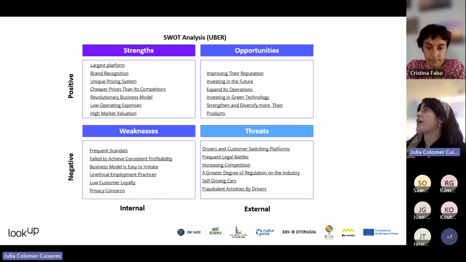So here for Uber, we have improving their reputation, which is obvious. Then investing in the future, expanding its operation, maybe investing a little bit more in green technology, and maybe being more diversified, because even if they have different business models, as we are talking today, maybe they can be even more diversified and have more options.